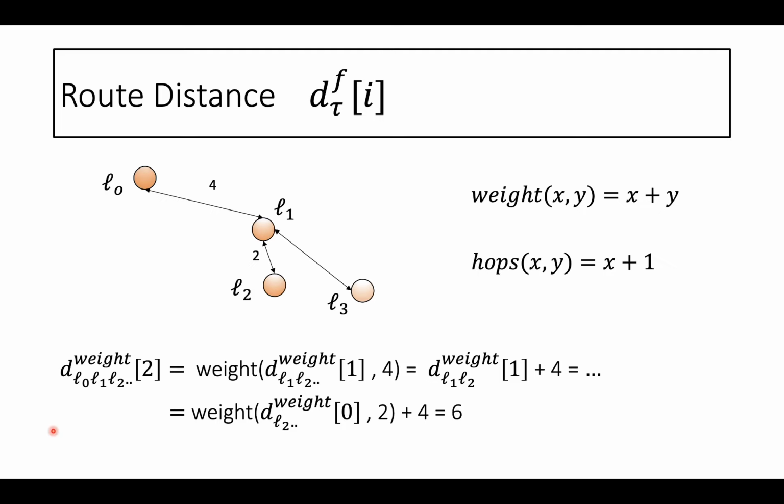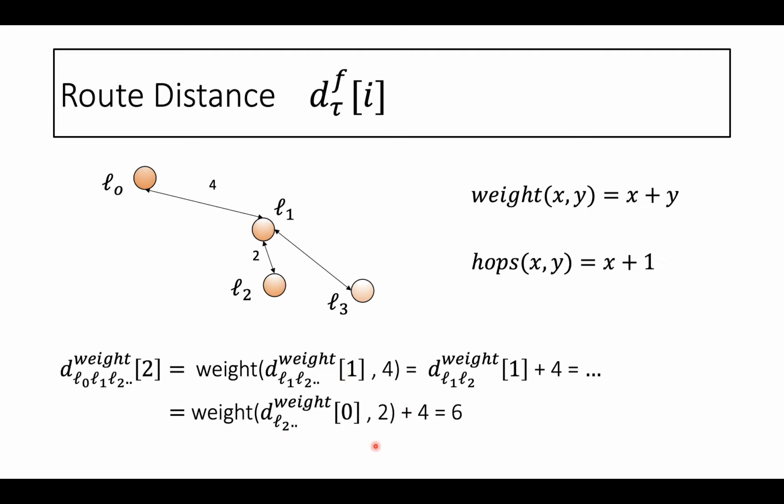So let's see one example of computing the distance. Here we are computing the distance considering the weight function and up to the index 2. So you're going to compute the function weight, considering here the value of the first edge that goes from L0 to L1, that is 4. And here you are going to consider the distance of the route from the next step, so from L1, and decreasing the index by 1, so from 1. Then here is just a sum, and here you are doing the same again.